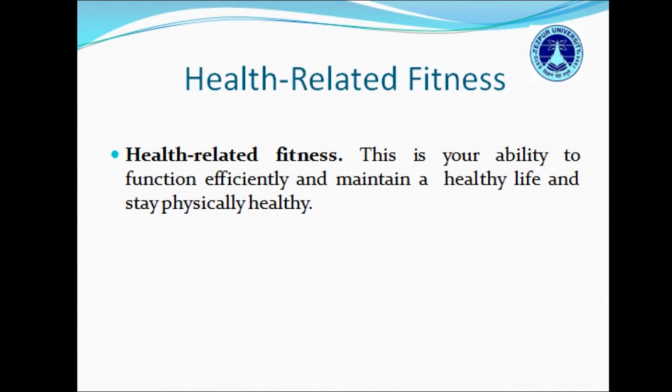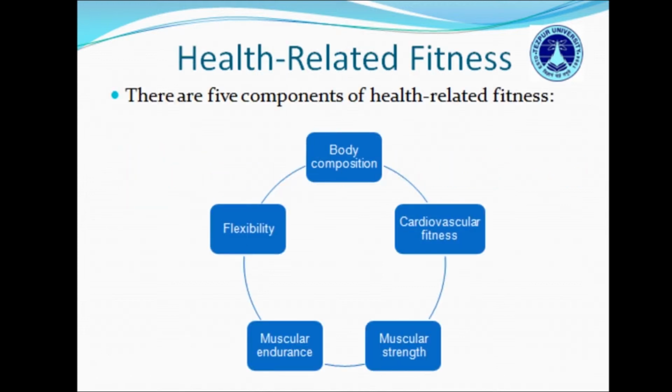To keep our body fit, we need fitness of these 5 components. There are 5 components of health related fitness. First one is body composition, then cardiovascular fitness, muscular strength, muscular endurance, and flexibility. Let us see one by one what is meant by this.